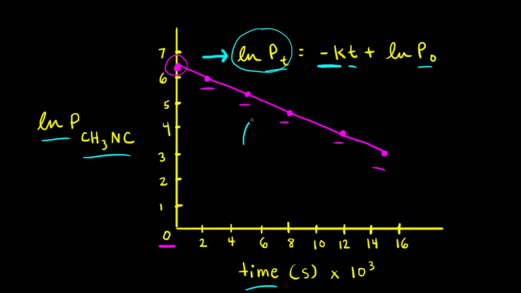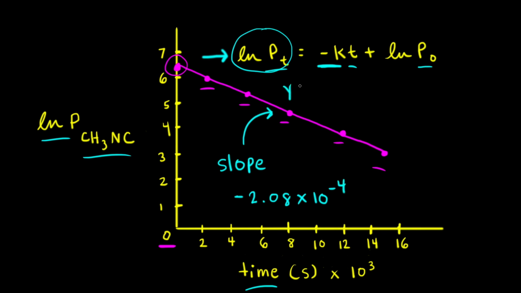So there are many ways to find the slope of this line. One way would be to use a graphing calculator. So I used a graphing calculator and I put in the data from the data table, and I found that the slope of this line is equal to negative 2.08 times 10 to the negative fourth.